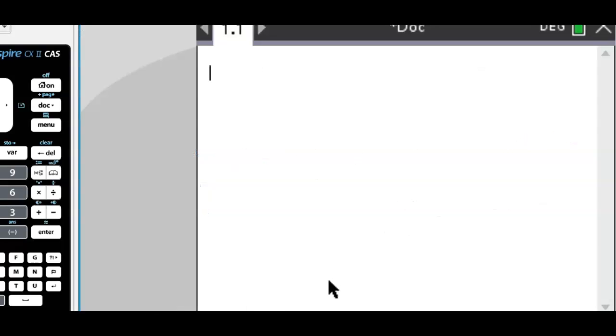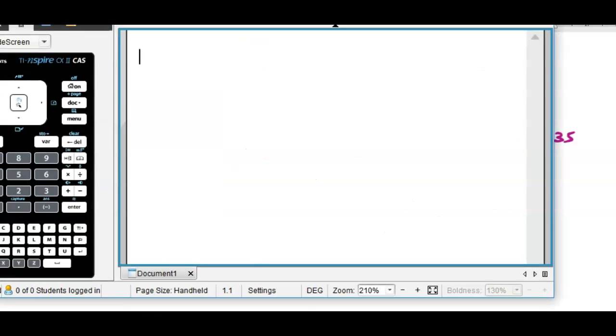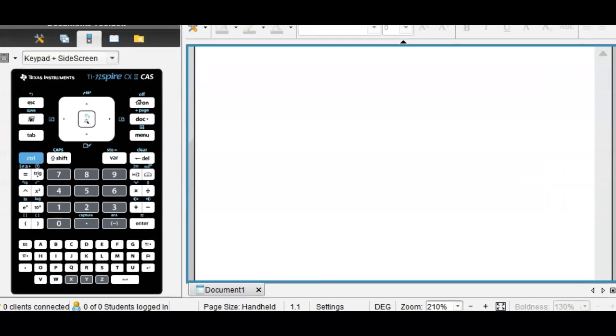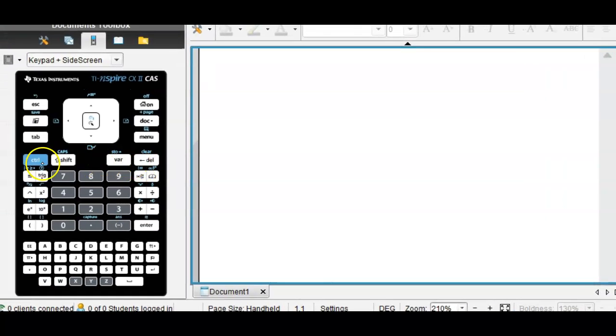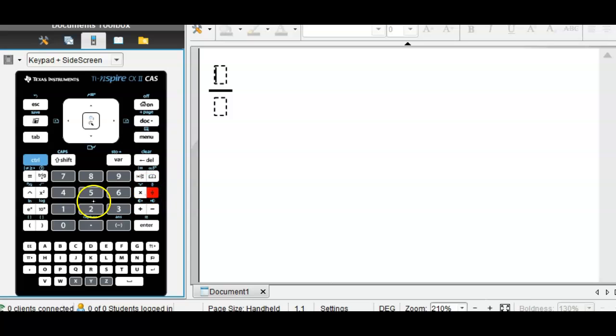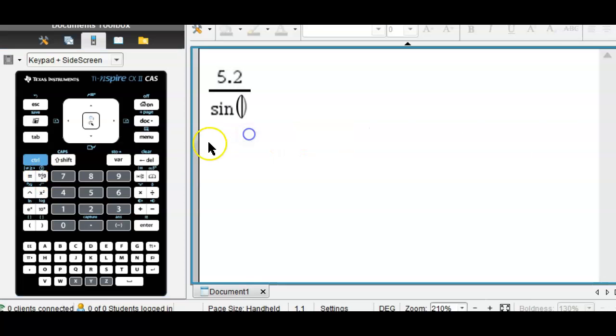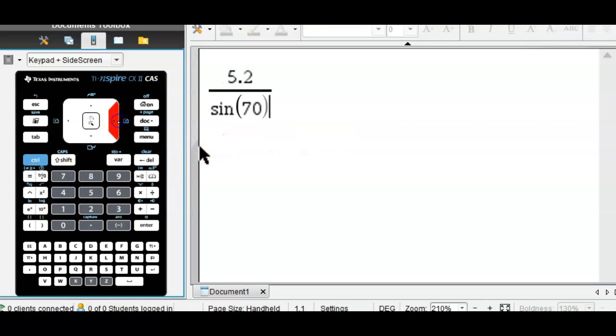So I'm going to press control divide, then 5.2 over sine 70 times sine 35.